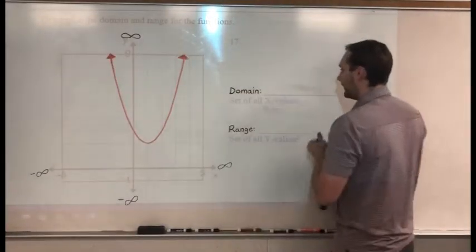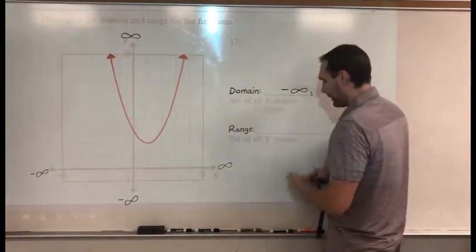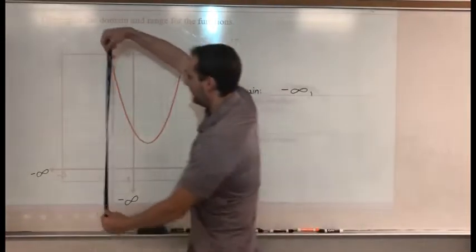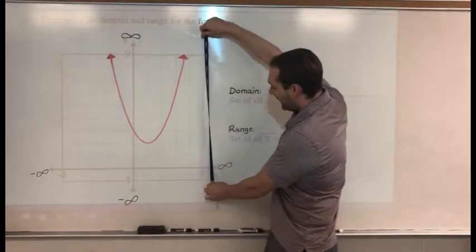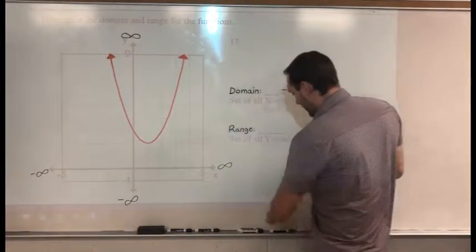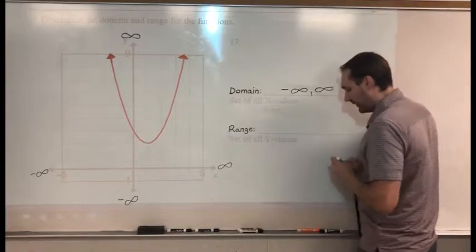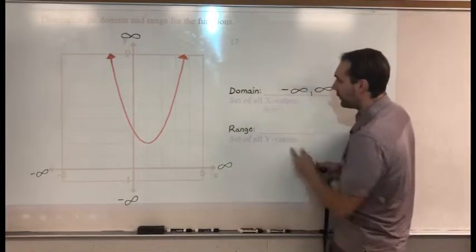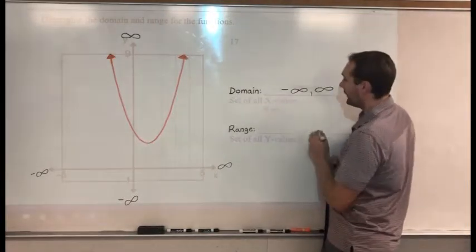So where does my graph start? It starts at -infinity. And where does my graph stop? Well, let's see. Keeps on going, and I see it is, because of this arrow, going towards +infinity. So it's never going to stop. So as you write your domain or range, you're going to write it in interval notation.